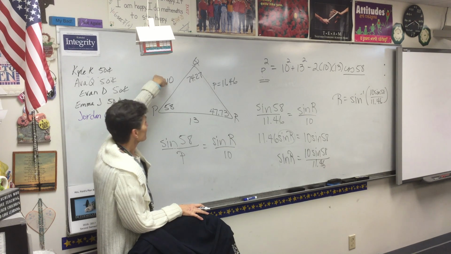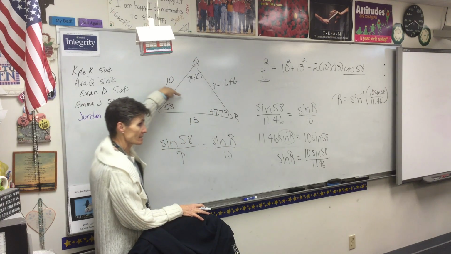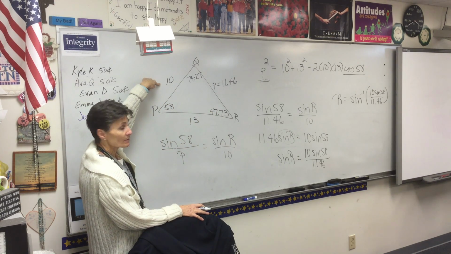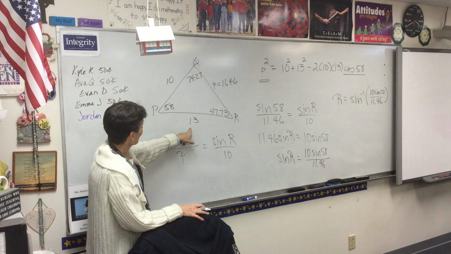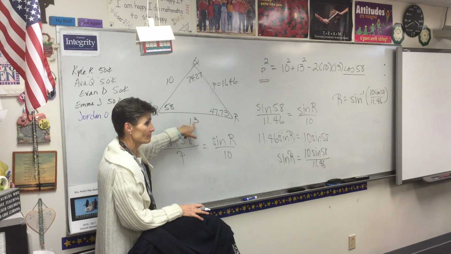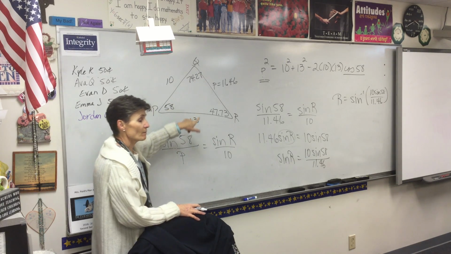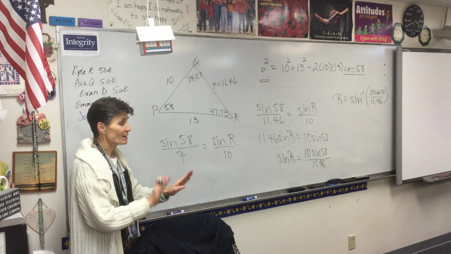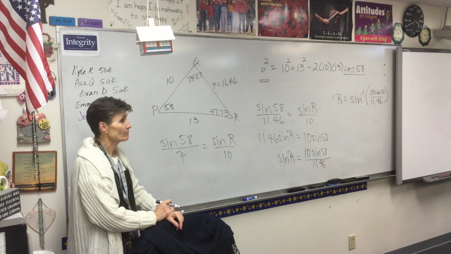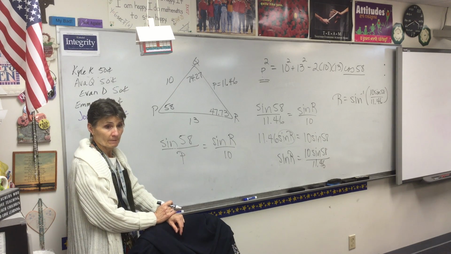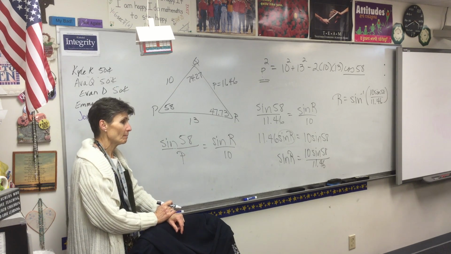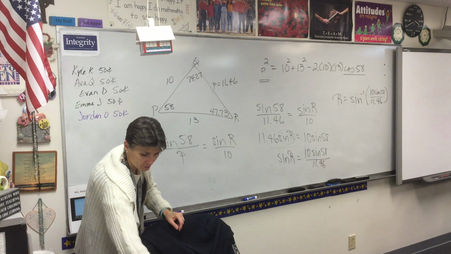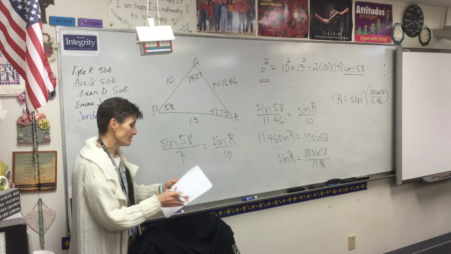The smallest side gets the smallest angle, and the biggest side gets the biggest angle. So if you ever do one of these and it doesn't work out that way, you've messed up and you need to go back and redo it. Okay? That's an awesome problem. You have to know everything to do that one. Good work. Okay, let's try the next one.